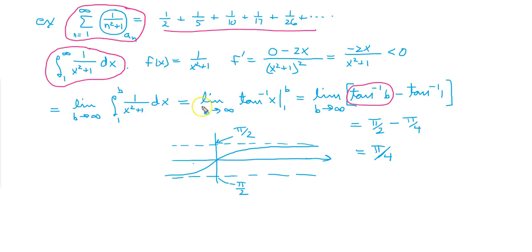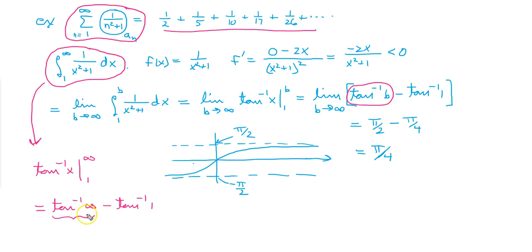Now, also keep in mind, when we're doing this limiting process, you could do this in a quick manner. When you evaluate this, you could just think of it as the arctan of x evaluated from 1 to infinity, so this would be the arctan of infinity minus the arctan of 1. And you just have to think, okay, how do I properly interpret the arctan of infinity?